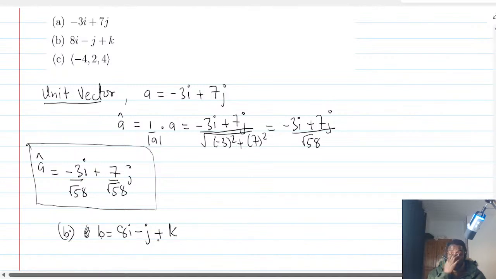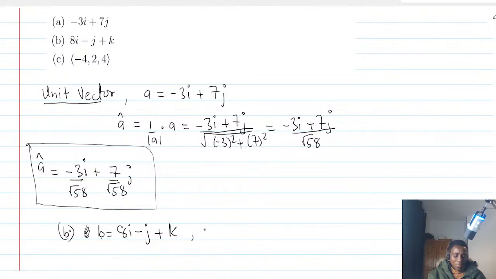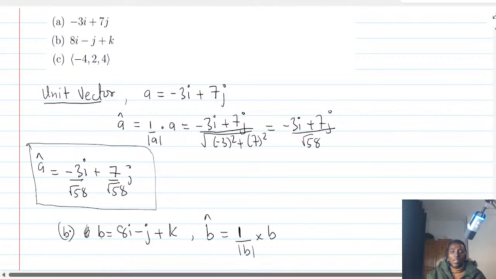So what's the unit vector? So the unit vector is going to be the vector divided by what? The magnitude. So 1 over the magnitude of B multiplied by vector B. That's all.